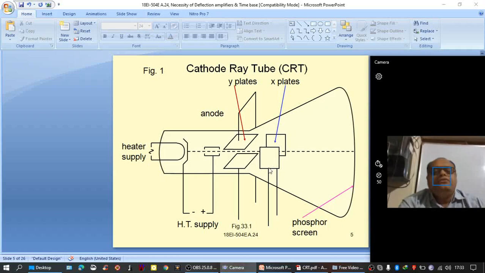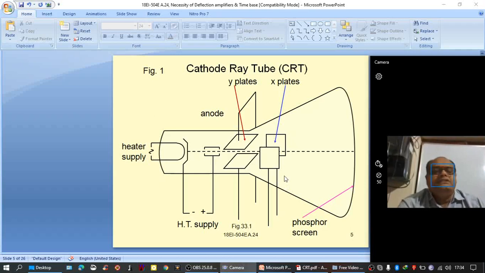The period for which the sweep signal increases linearly from 0 to maximum value is called trace time, and the time for which the ramp signal reduces from its maximum value to 0 is called retrace time.